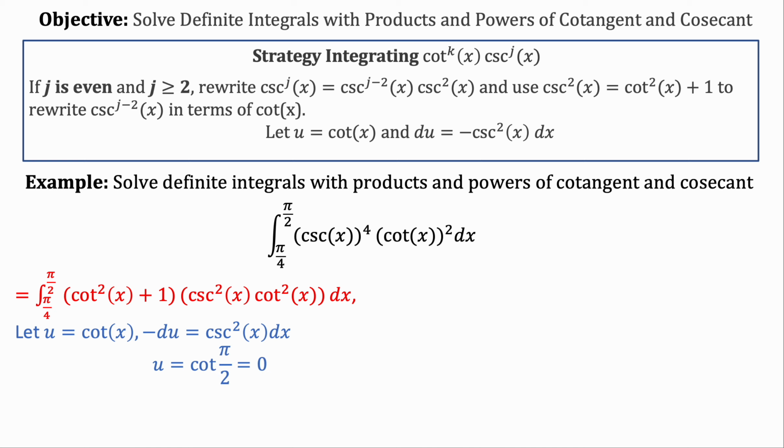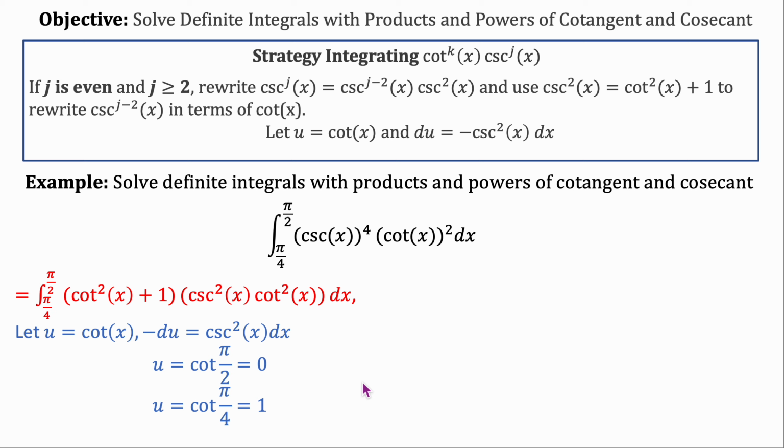When we do the substitution, I'm also going to substitute the boundaries of our integration with u's. I'm going to replace those x values with u's. If our x value is pi over 2, to know what u is, just take the cotangent of pi over 2, which is 0. And then let's do it again for pi over 4. Our u would be the cotangent of pi over 4, or 1.